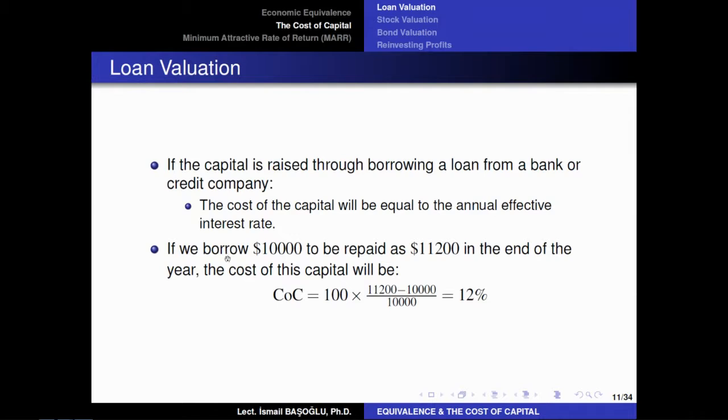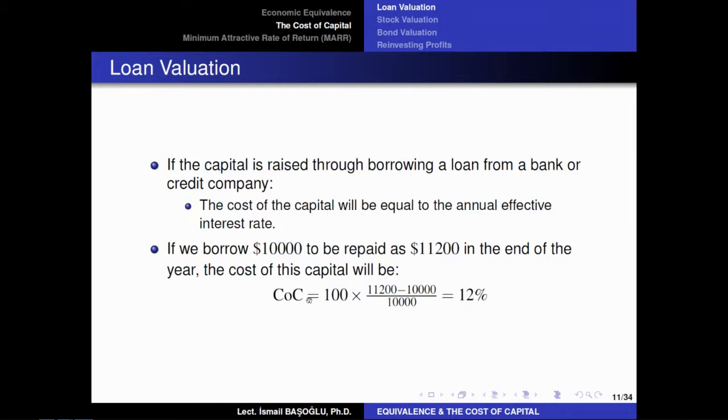So for example, if we borrow $10,000, which is to be repaid as $11,200 at the end of the year, the cost of this capital will be 12%, because there's a 12% interest rate applied to this borrowed amount, to this loan. Therefore, the cost of this $10,000 will be equal to 12%.